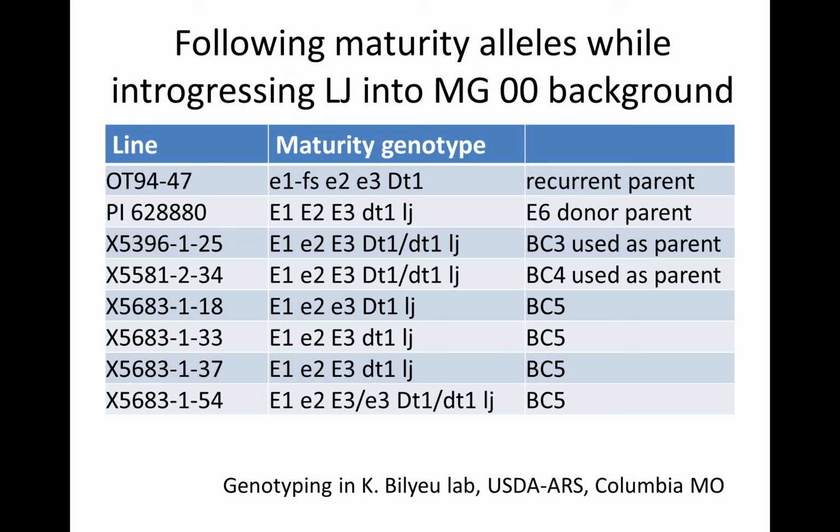So this is then following the maturity alleles, and this is genotyping that was done in Dr. Bilyeu's lab. So first the recurrent parent, it's little e1, the null version, little e2, little e3, it's also little e4, it's indeterminate. Then the long juvenile donor parent, and then we looked at the backcross 3 parent, the backcross 4 parent, and 4 long juvenile backcross 5 lines.